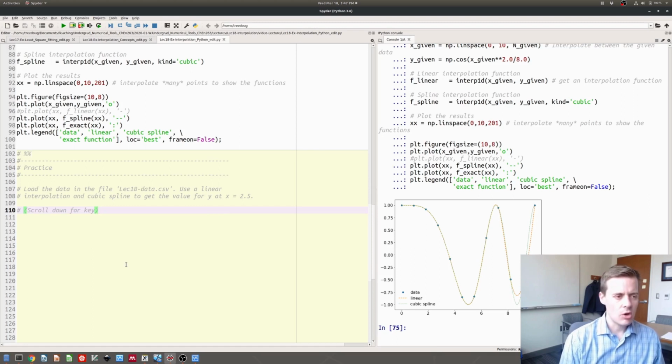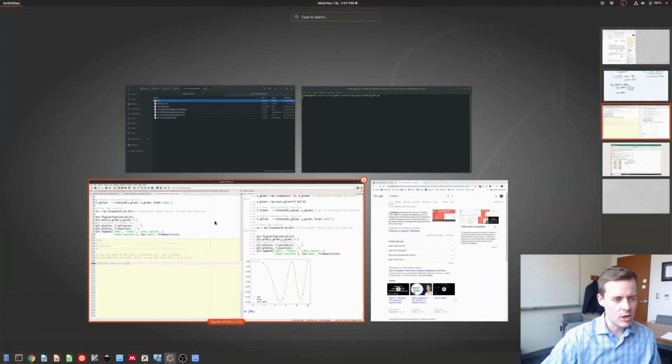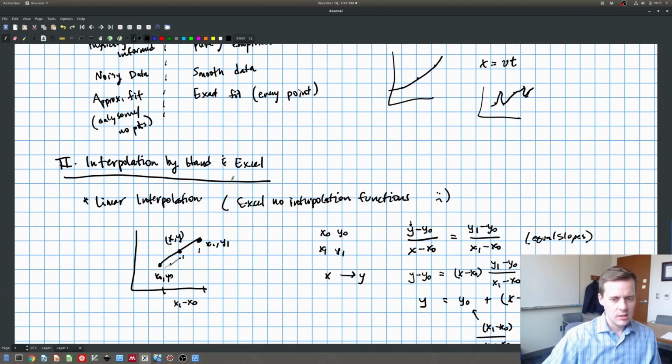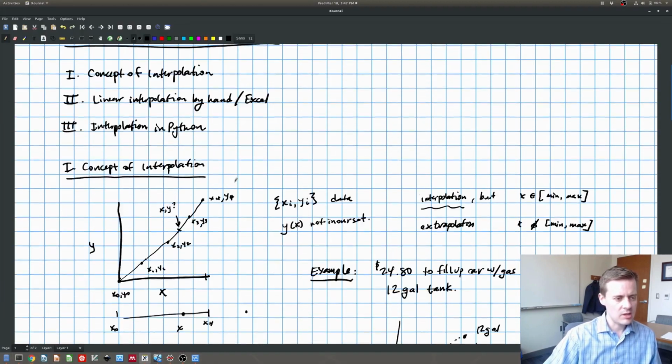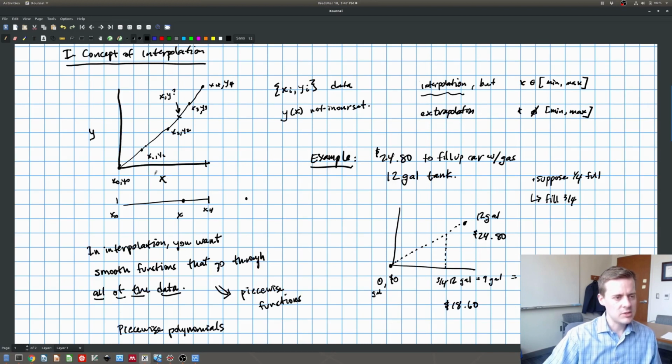All right, so that's interpolation. Just to quickly review what we've talked about, zooming back out, we said interpolation is a case where you want to know something in the middle of the data that you have. Extrapolation was when you want to know it way outside, but we're just doing the middle.